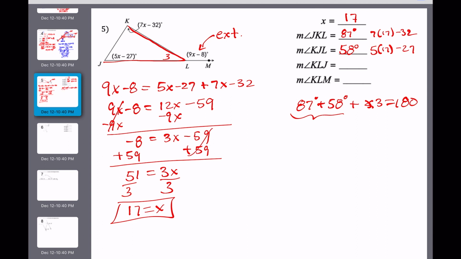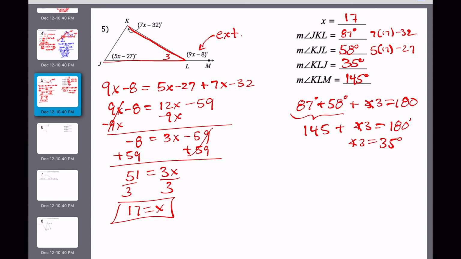And when you combine your two angles that you know, you have 145 plus angle 3 equals 180 degrees. And that means that angle 3 is equal to 35 degrees. And that's what we get here. And then our exterior angle is going to be 145 degrees.